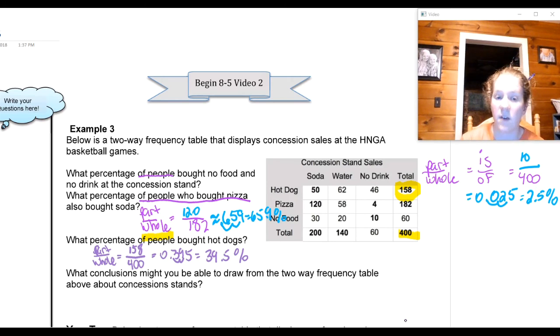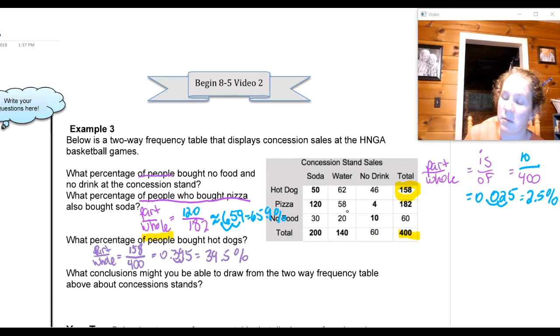All right, then it wants to know what conclusions might you be able to draw from the two-way frequency table above about concession stands. So that's kind of up to you. I would say a lot of people who go to concession stands seem to like soda. Half the people that came to the concession stand bought soda. If you're at a concession stand, you're probably thirsty.